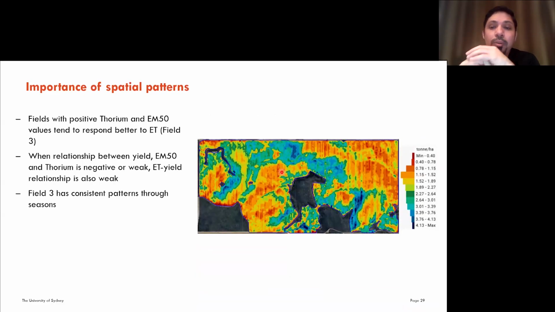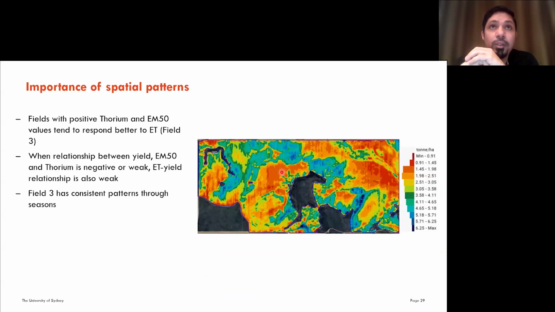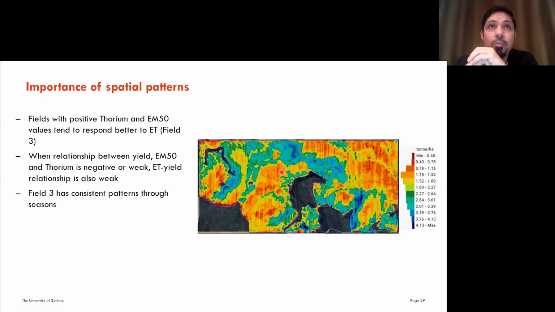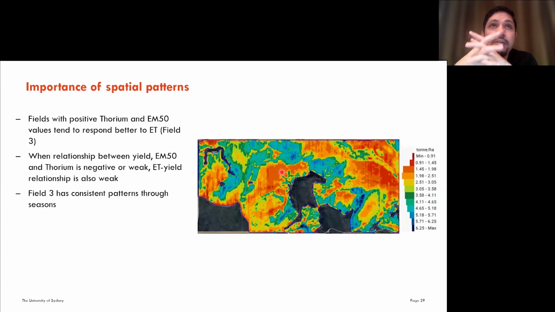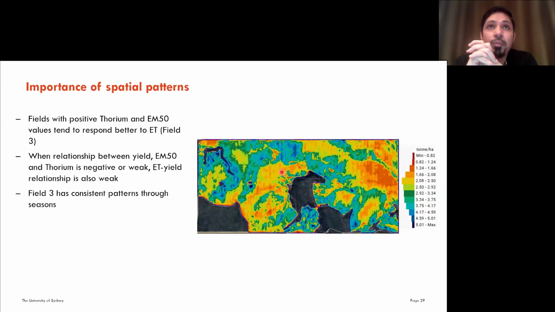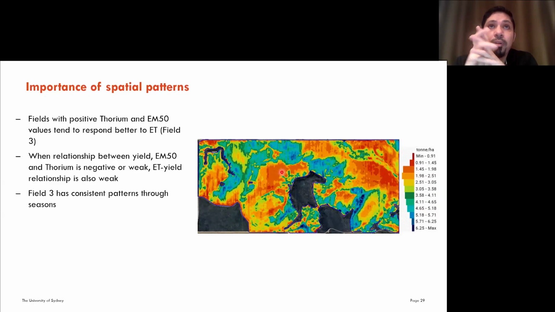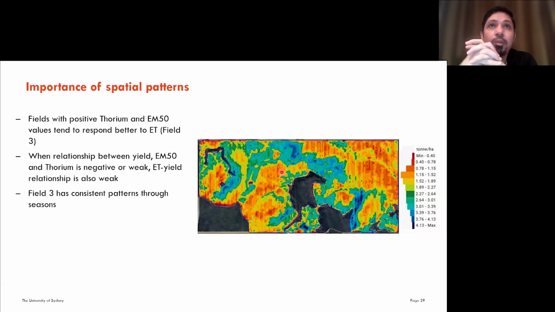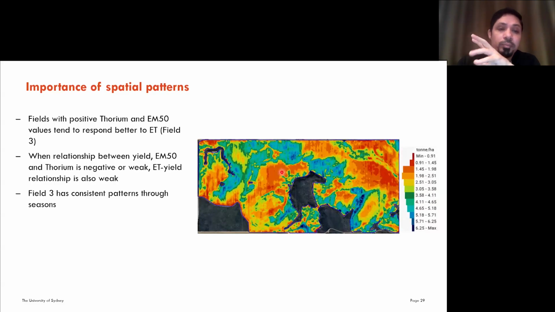And I just want to show you the patterns that I talked about in field 3. So you can see that over the years, the patterns are almost the same. And that's why the 3D CNN outperforms the other models. So when the patterns exist over time, the CNN works very well compared to the other models.